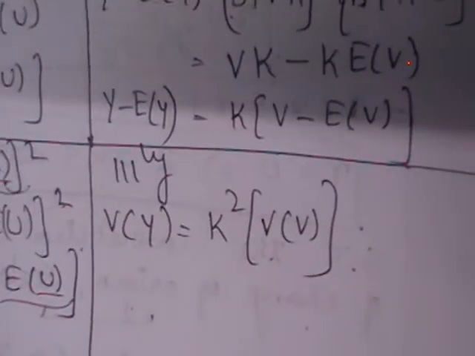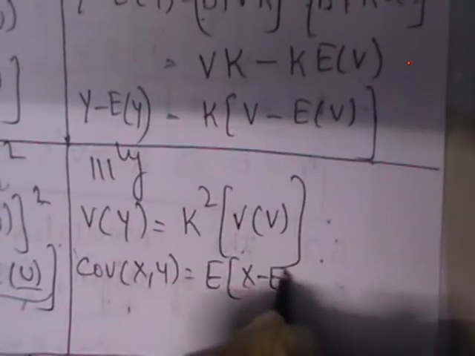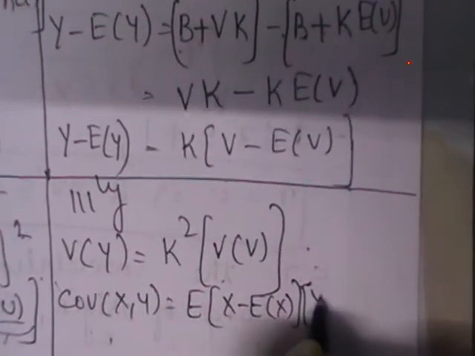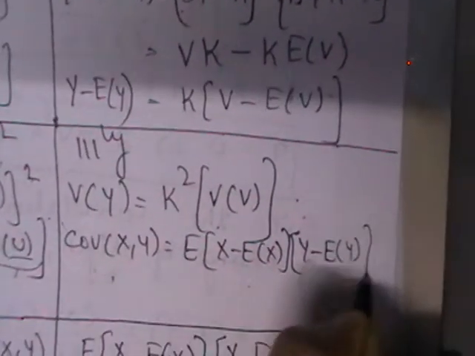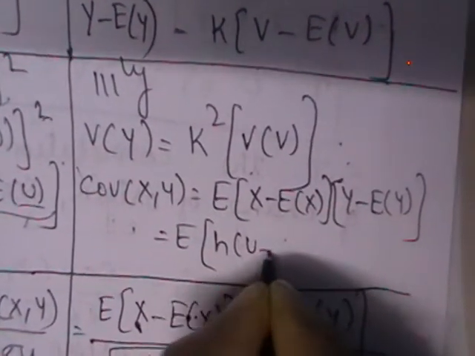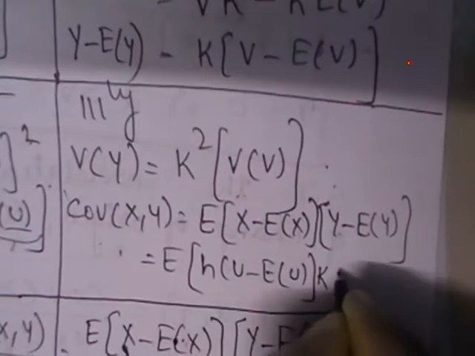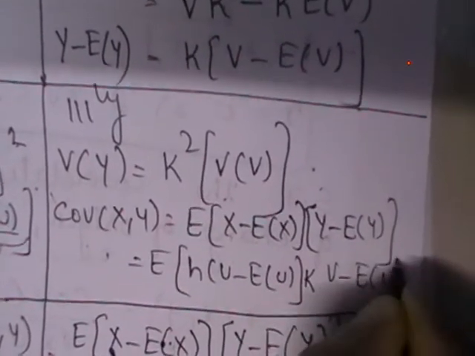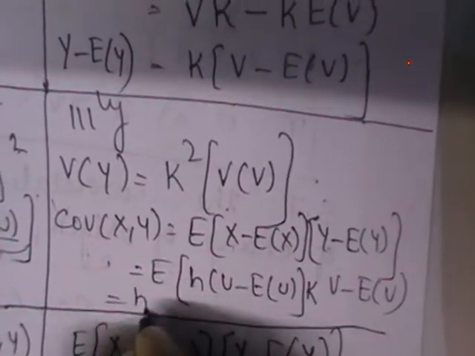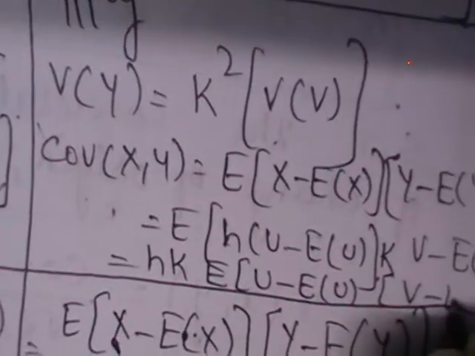Now you need to find covariance of x comma y. The covariance formula is expectation of x minus expectation of x into y minus expectation of y. What is x minus expectation of x? h into u minus expectation of u. What is y minus expectation of y? k into v minus expectation of v. You know that h and k are constants, so you can write expectation of u minus expectation of u into v minus expectation of v.